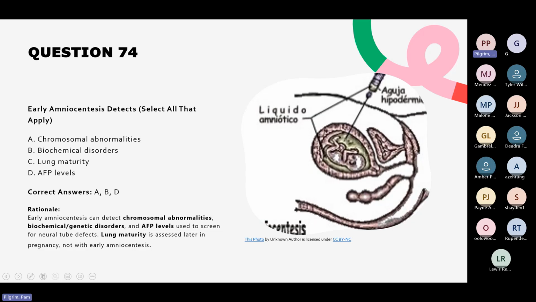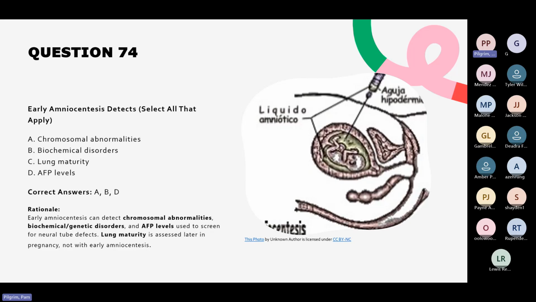the chromosomal anomalies. The AFP levels, alpha fetal protein level, is a test that's done around 16 weeks of pregnancy. And if you have a high or low level, that may be an indication that further testing needs to be done, and that may trigger the doctor wanting to do an amniocentesis or offering an amniocentesis.